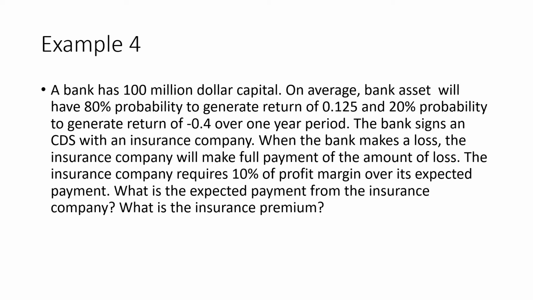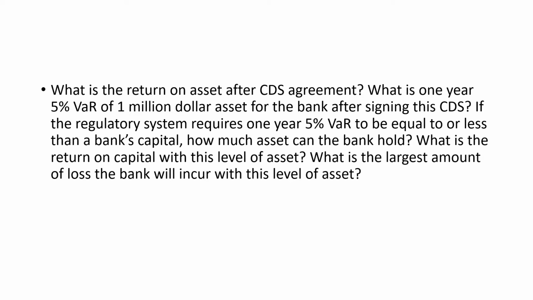What is the expected payment from the insurance company? What is the insurance premium? What is the return on asset after CDS agreement? What is 1 year 5% VAR of $1 million asset for the bank after signing this CDS contract?